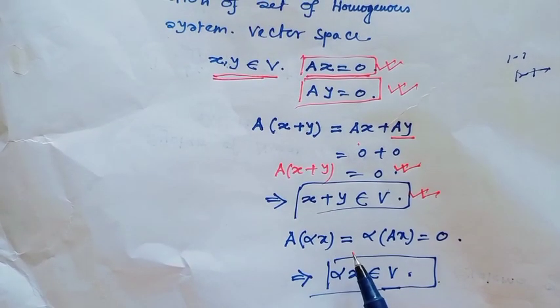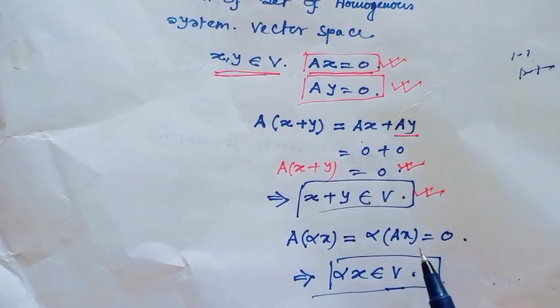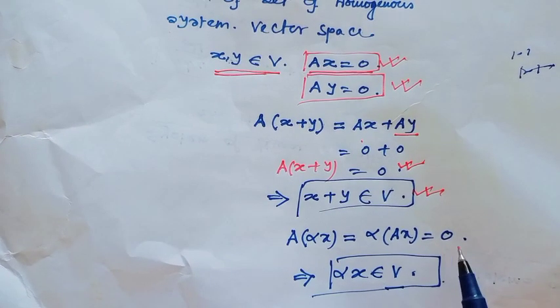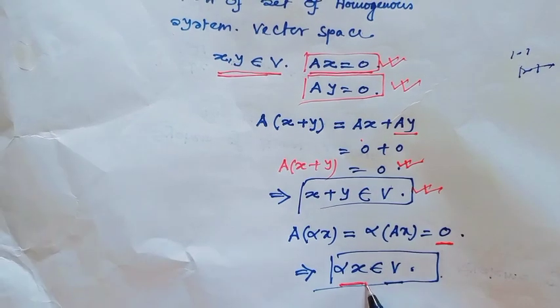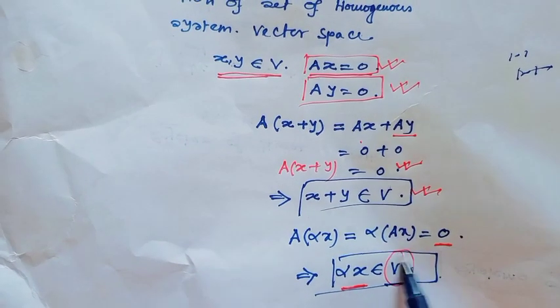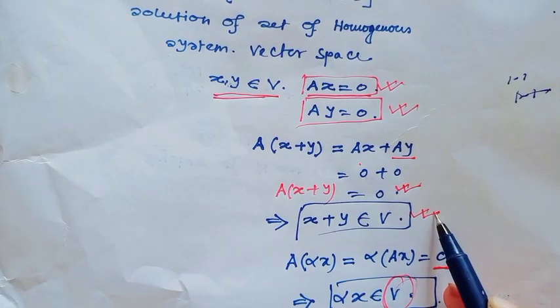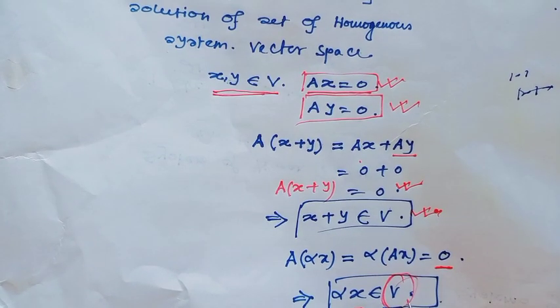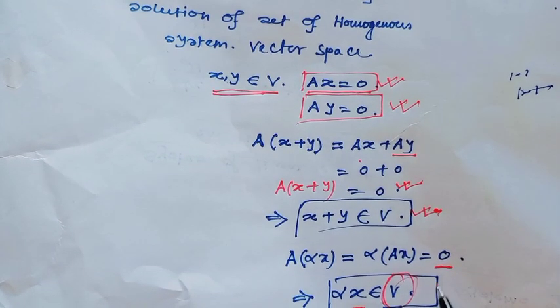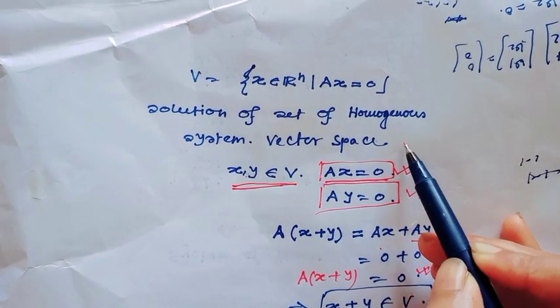Next, A times alpha x equals alpha times Ax, and since Ax equals 0, this equals 0. That implies alpha x belongs to the set V. Therefore, since their sum and their scalar multiplication belong to the set V, the solution space is a vector space.